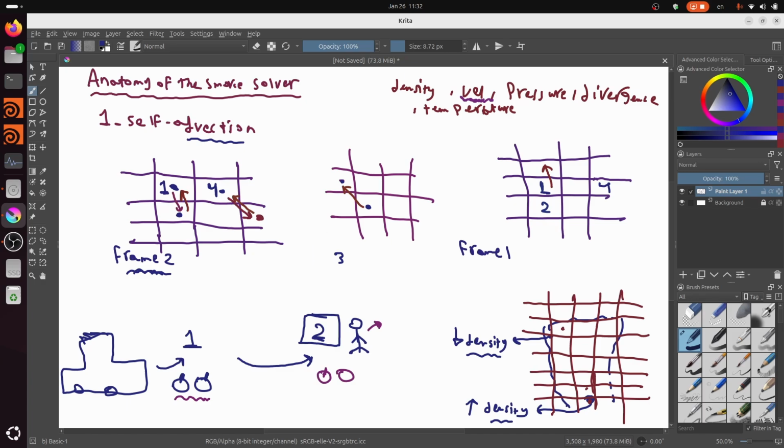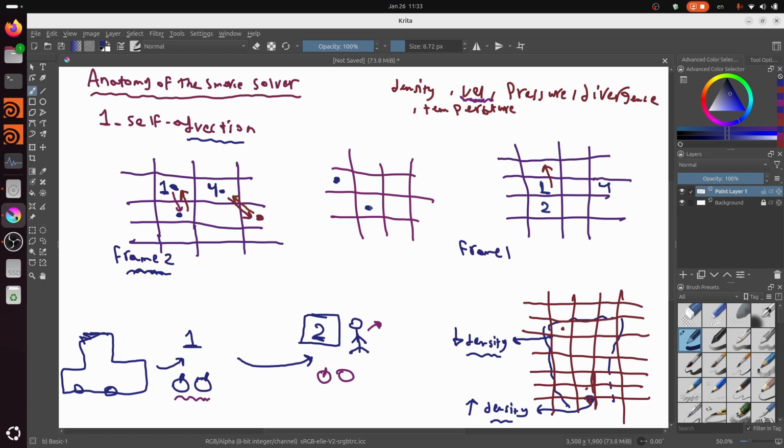It's just reversing the process. Instead of taking the value of frame 2 and moving it forward, we can wait at frame 3 and see where the value of the current voxel was in the previous frame.